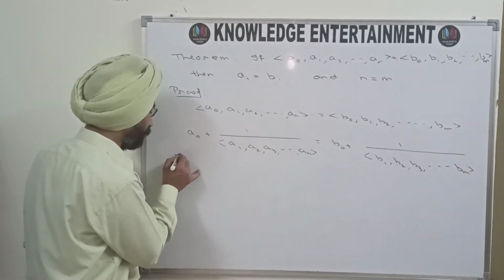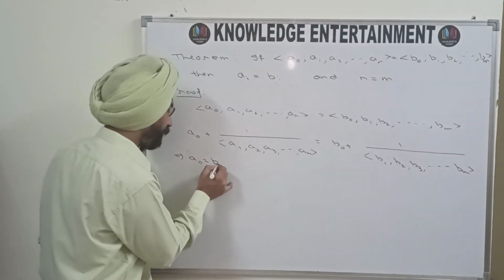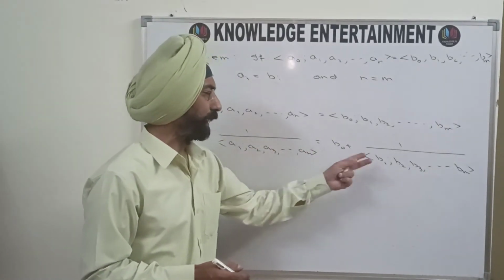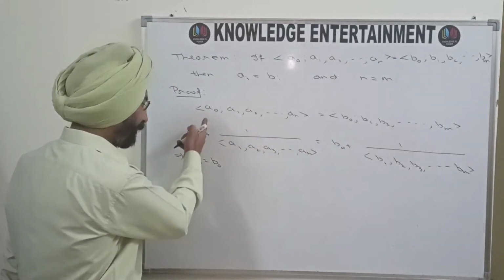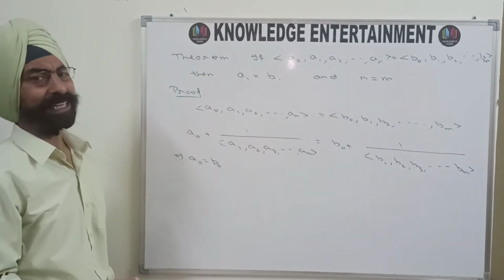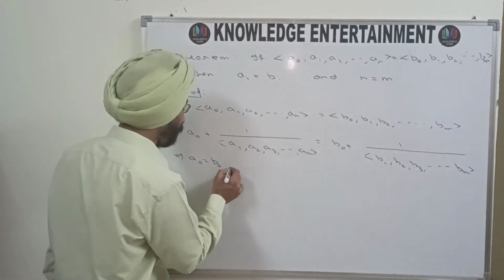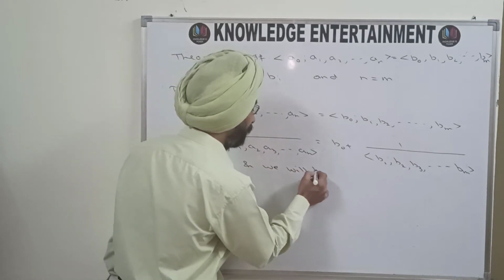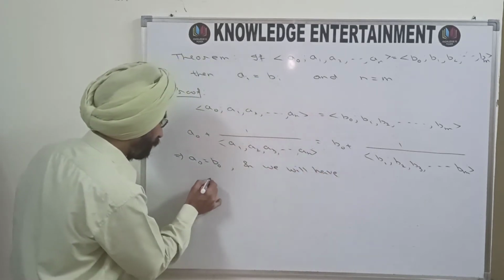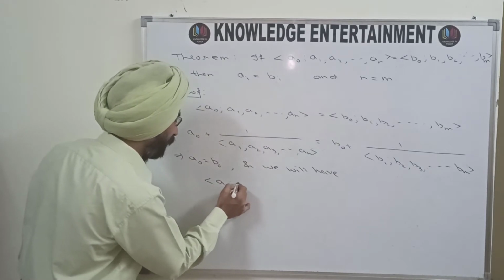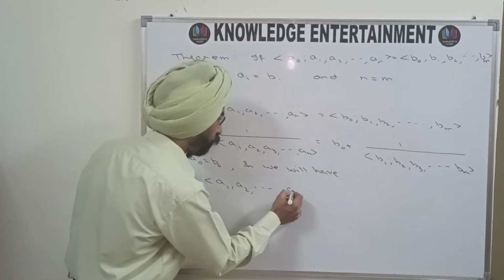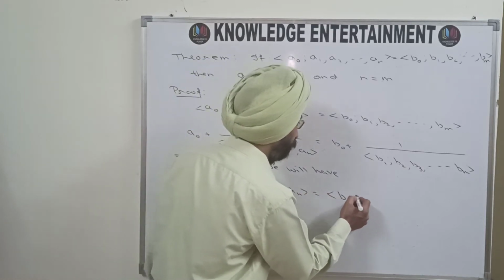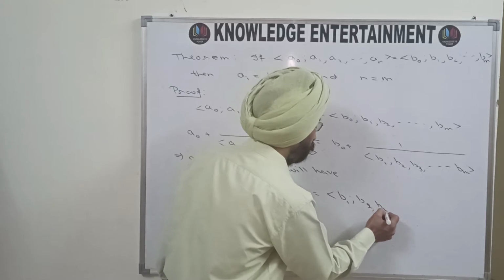So this means a0 is equal to b0. Now cancelling these two and taking reciprocals on both sides, we will have the simple continued fraction [a1, a2, ..., an] the same as the simple continued fraction [b1, b2, b3, ..., bm].